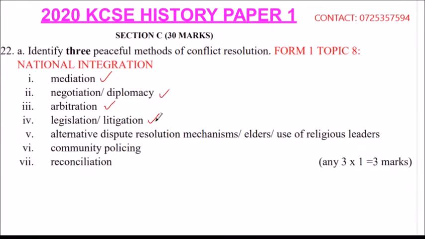Litigation, that is providing the necessary rules that can be used to resolve conflict. Alternative dispute resolution mechanisms, elders, use of religious leaders, that's okay. Community policing, reconciliation, like what happens when we have conflict among the various tribes or between two tribes.